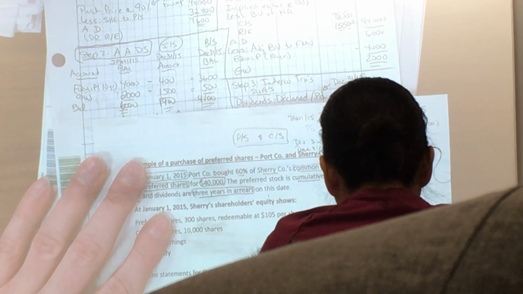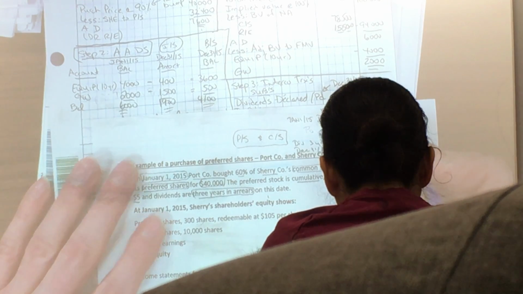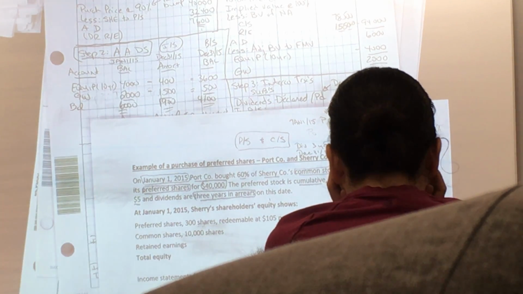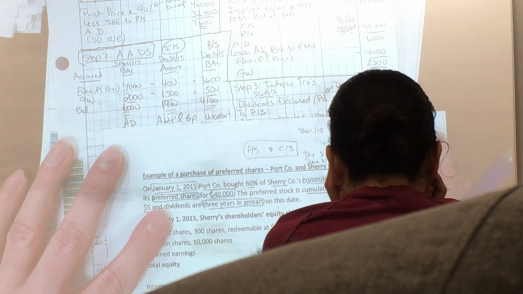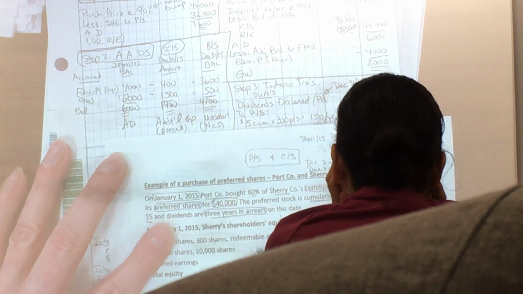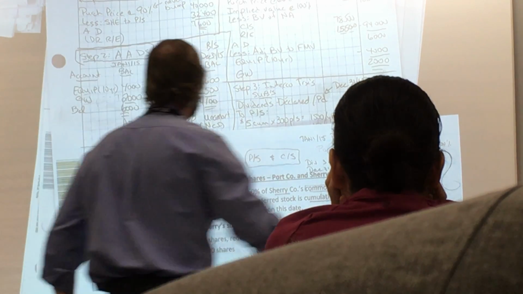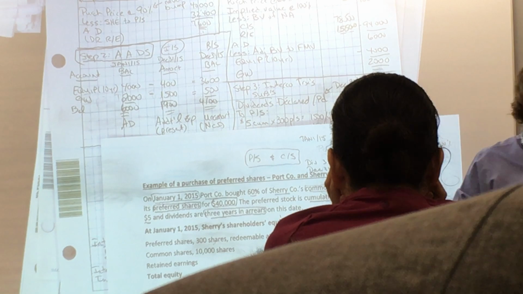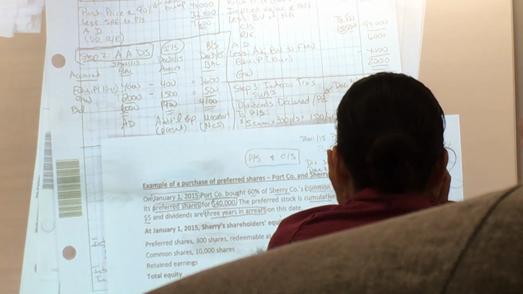Okay, the subs dividends, they declared $15,000, and now we have to allocate between preferred and common. So we do the preferred first. So what goes to the preferred? Well, it's the dividends that were in arrears.